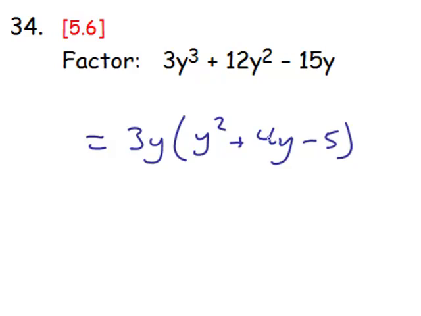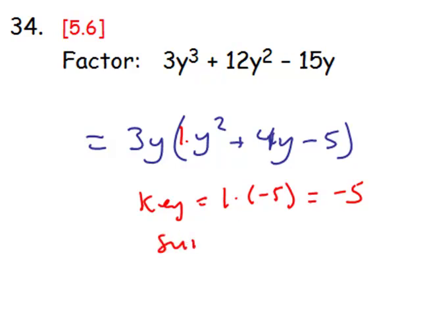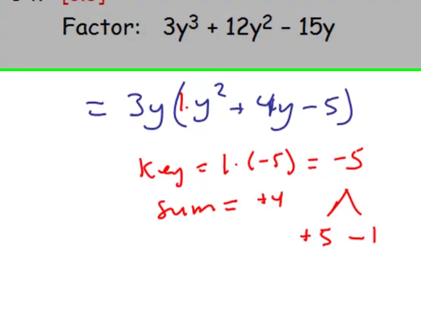And now this trinomial needs to be factored. Again, we use the factor game. Key number is 1 times negative 5, which is negative 5. Sum number is positive 4, and that'll be a positive 5 and a negative 1.